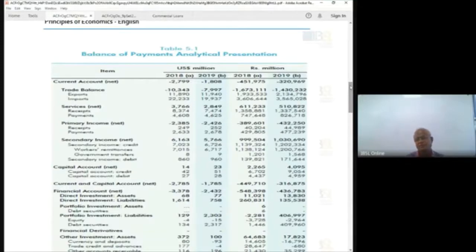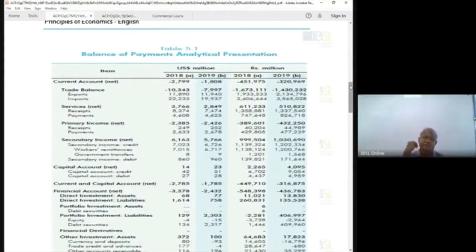In the Central Bank Annual Report, they compile the BOP both in terms of US dollars and local rupees. When they compile the balance of payment, entering of transactions, there are certain internationally recognized standards.